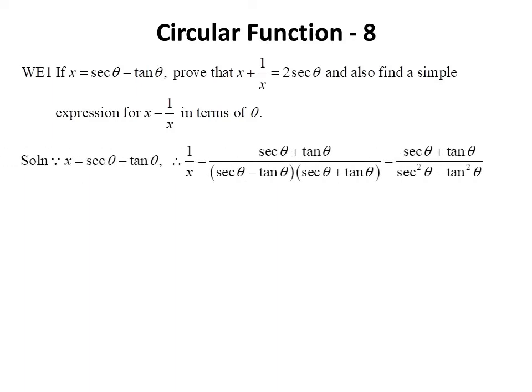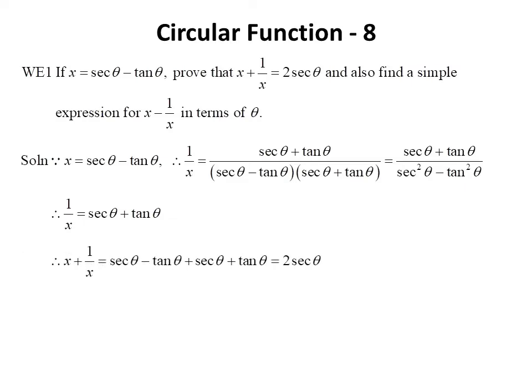Since x equals secant theta minus tangent theta, its reciprocal equals 1 over the result of secant theta minus tangent theta. After multiplying its conjugate on both numerator and denominator, 1 over x equals secant theta plus tangent theta.